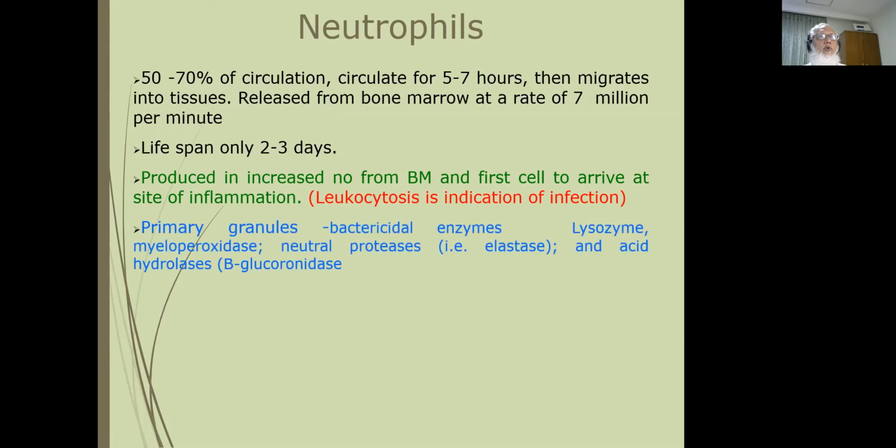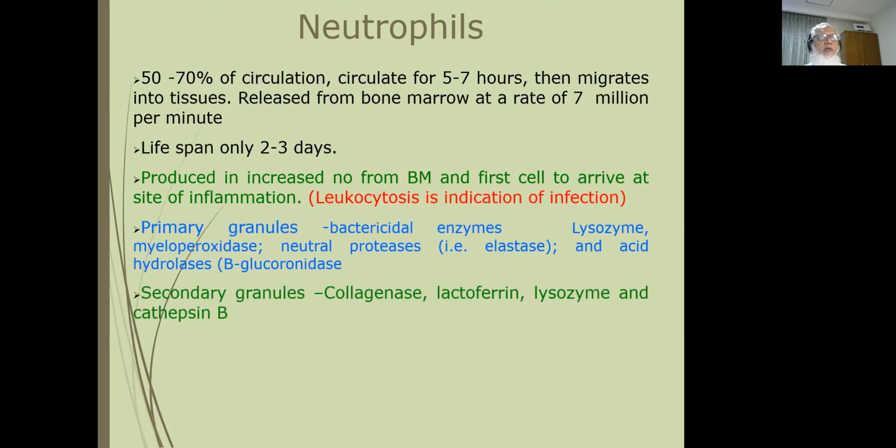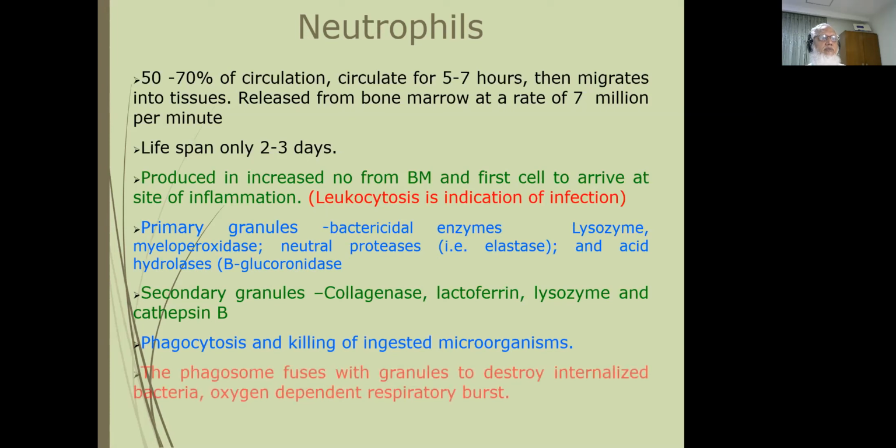Primary granules include bacterial enzymes lysozyme, myeloperoxidase, neutral proteases, and acid hydrolases. Secondary granules include collagenase, lactoferrin, lysozyme, and cathepsin B. Phagocytosis and killing of ingested microorganisms require all these enzymes.